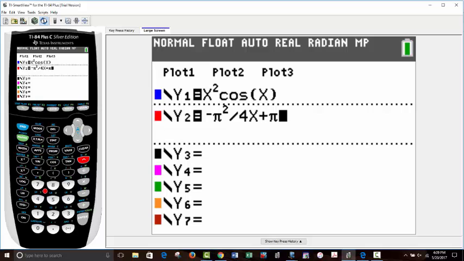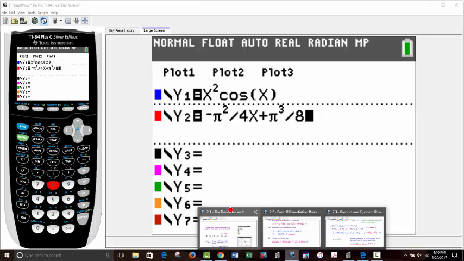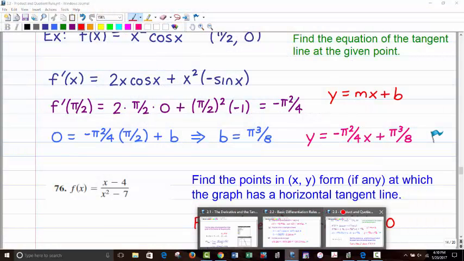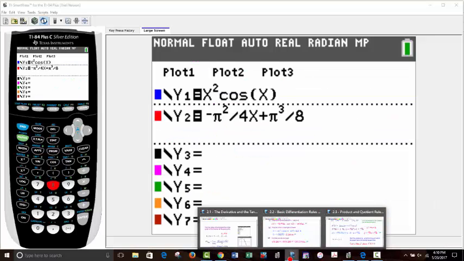If we wanted it to be there, which we don't, we would put parentheses around the 4x. But so the calculator knows that it's not there. Pi squared divided by 8. Let me just double check that. I think that's right. But we'll correct it now before I graph it. Yes, no, okay, that looks good.